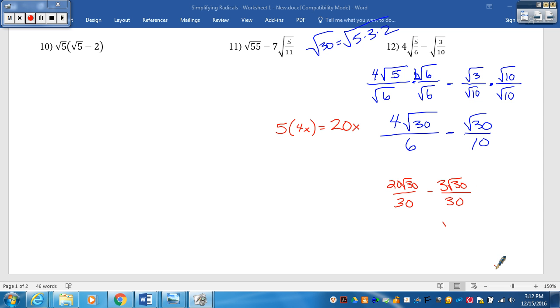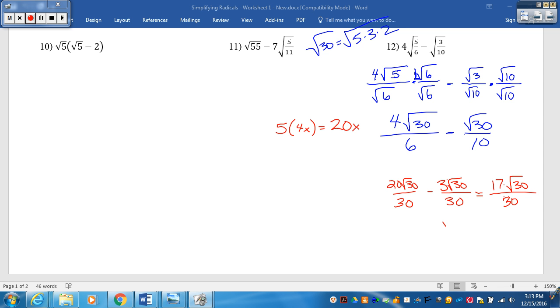Okay? So again, I hope that's starting to click as far as how to treat the radicals, treated like the variables that we've already become very familiar with. Okay? Now in the end, I end up with 20 radical 30 minus 3 radical 30. That's 17 radical 30, okay? Over 30.